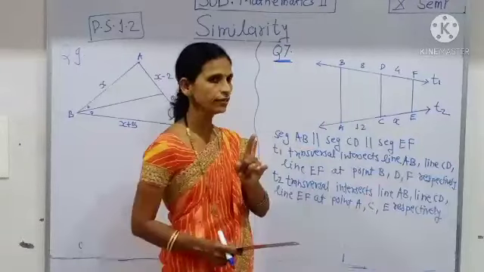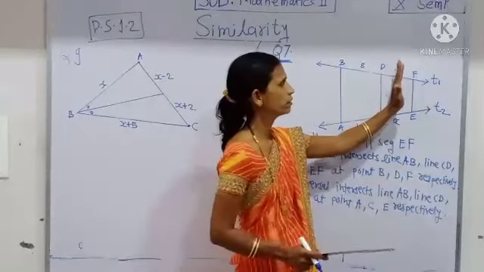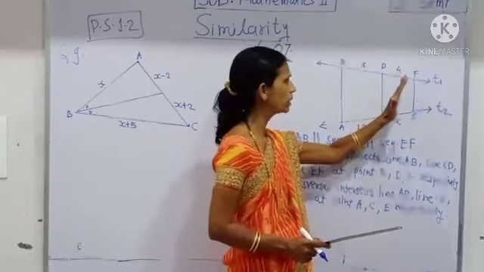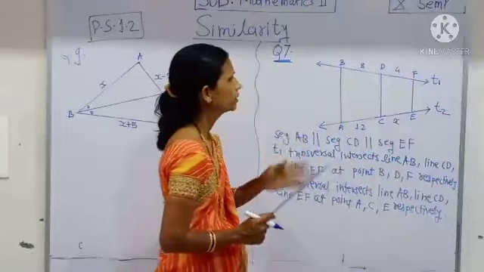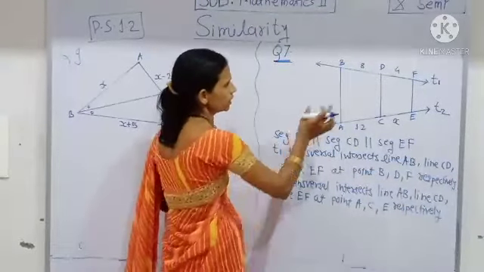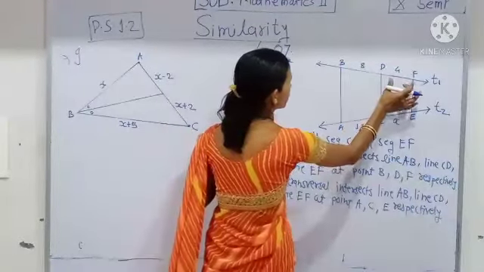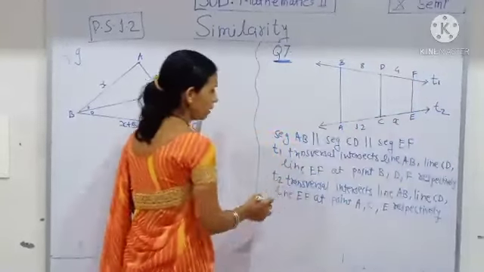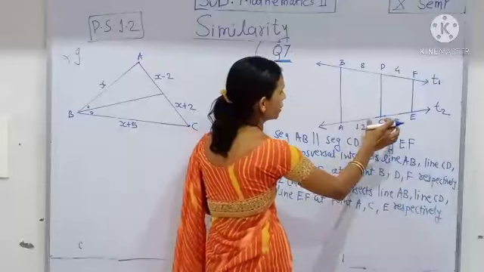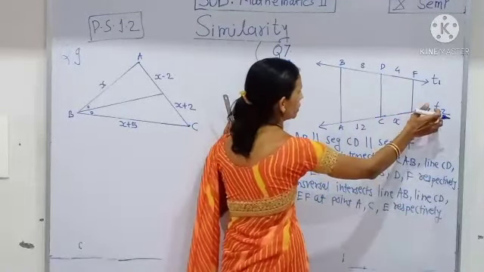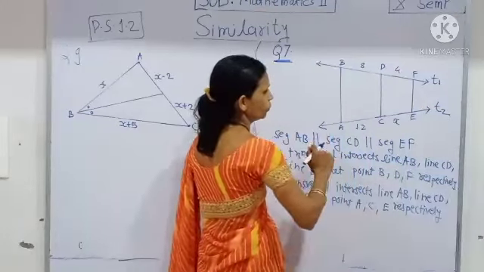We should not write the direct solution or direct property or theorem of that concept. Then see here, the intercept made by these three parallel lines on T1 and the intercept made by the same three parallel lines on transversal T2.